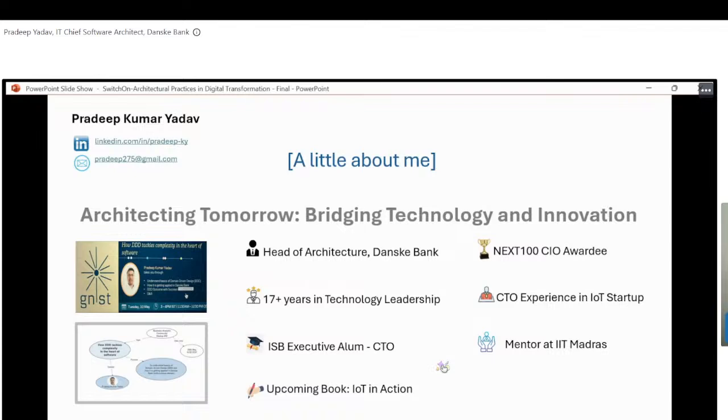I'm Pradeep Kumar Yadav, Head of Architecture at Danske Bank, leading technology transformation for the core banking system. What excites me most is business-focused architecture for tomorrow, bridging technology and innovations. Danske Bank has heavily invested in digital transformation.